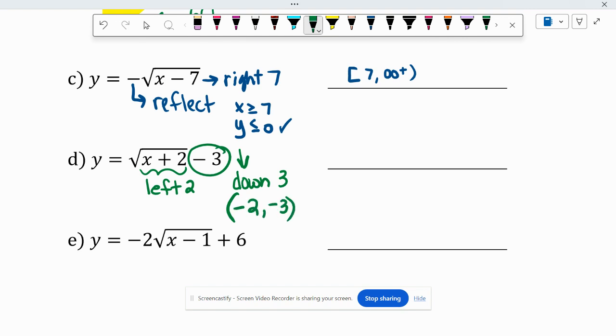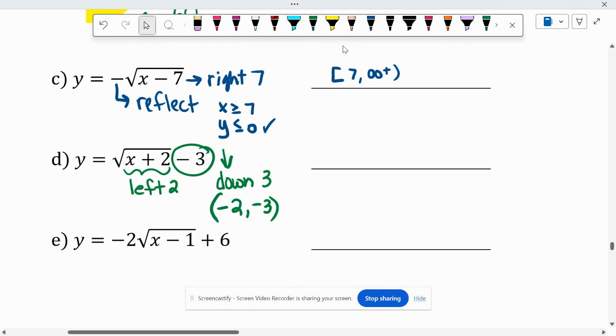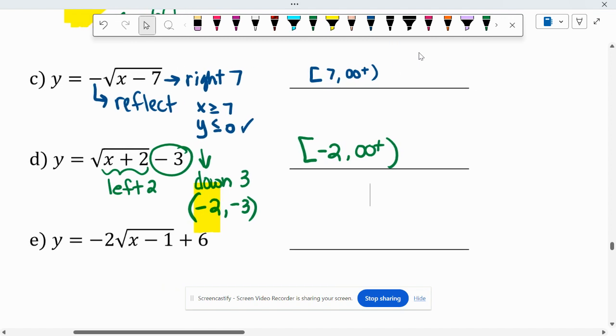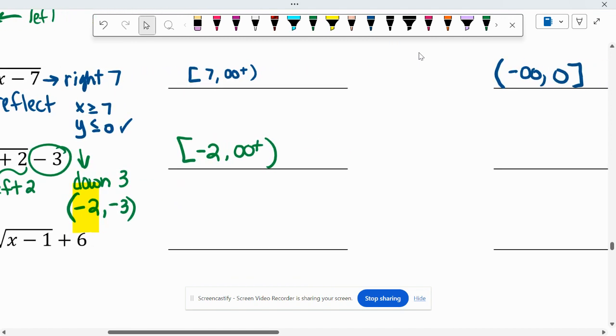But it's not reflected. So that means that my smallest x value is -2. So -2, comma, positive infinity. And my smallest y value is what? -3. -3, positive infinity.